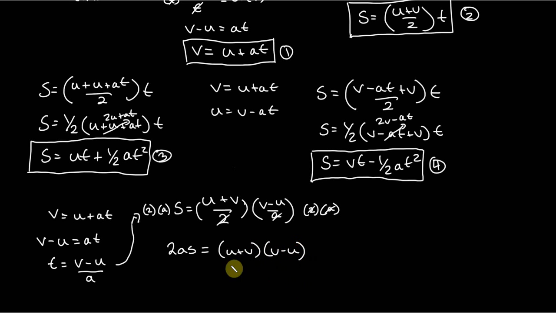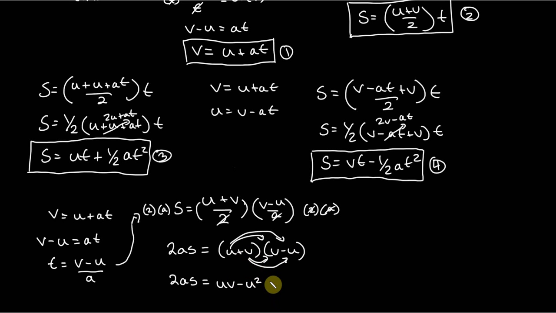And we can essentially just FOIL this out, or use the distributive property twice, however you want to think about it. It's U times V, U times negative U, V times V, and V times negative U. So that leaves us with 2AS equals, well, U times V is just UV. U times negative U is negative U squared.